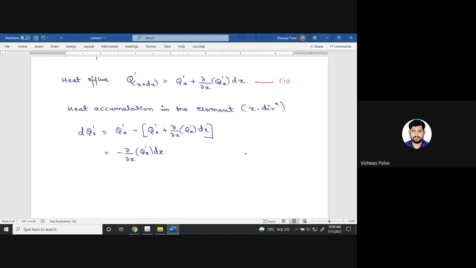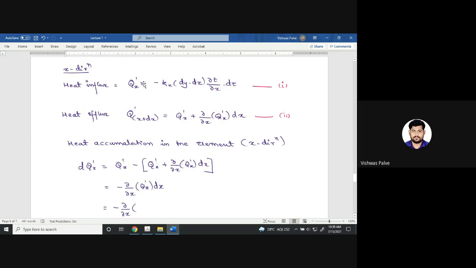Now what is the term of q dash x? This term is nothing but, it is written in the equation 1, minus kx, dy into dz, dou t by dou x into d tau.